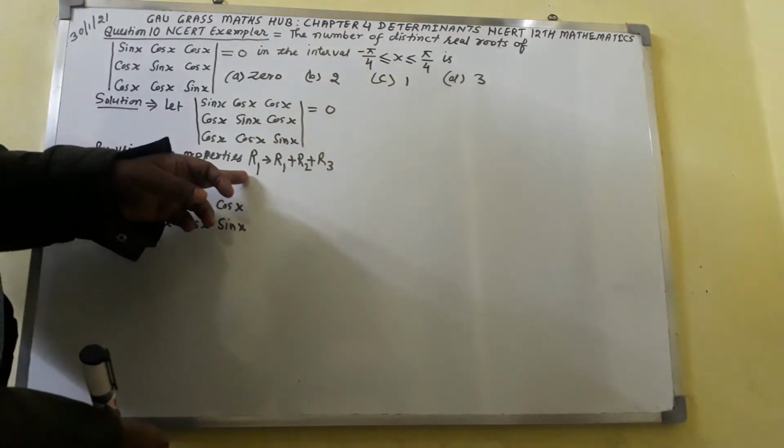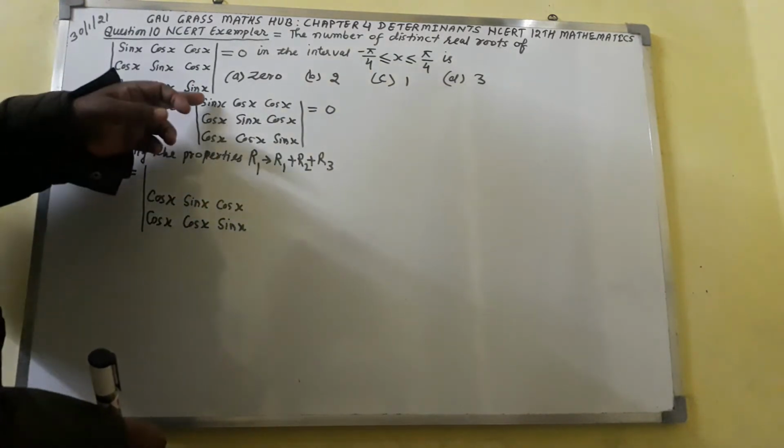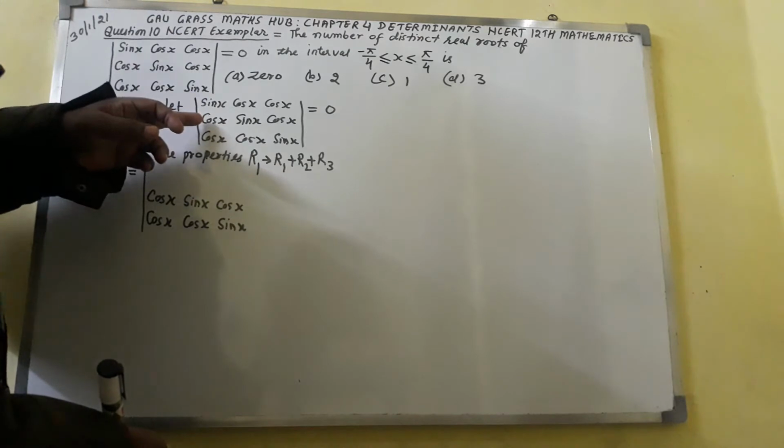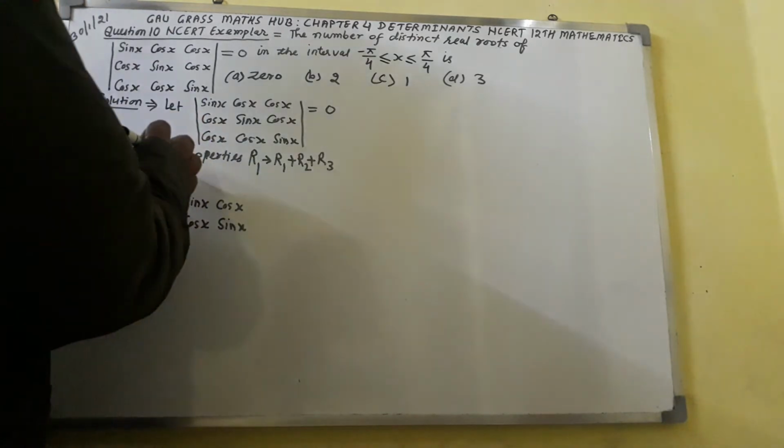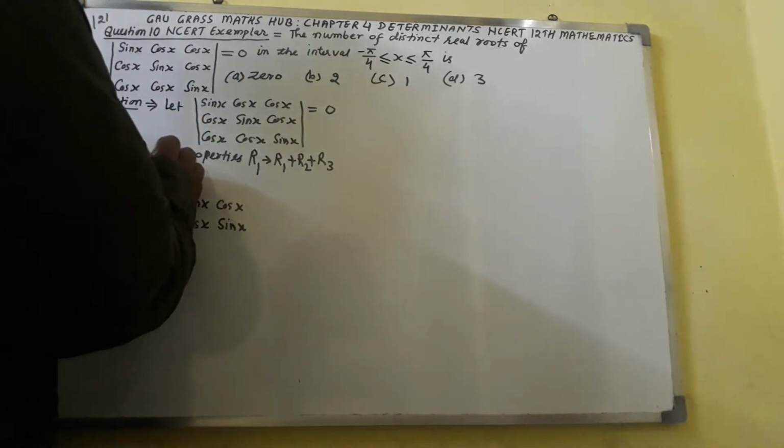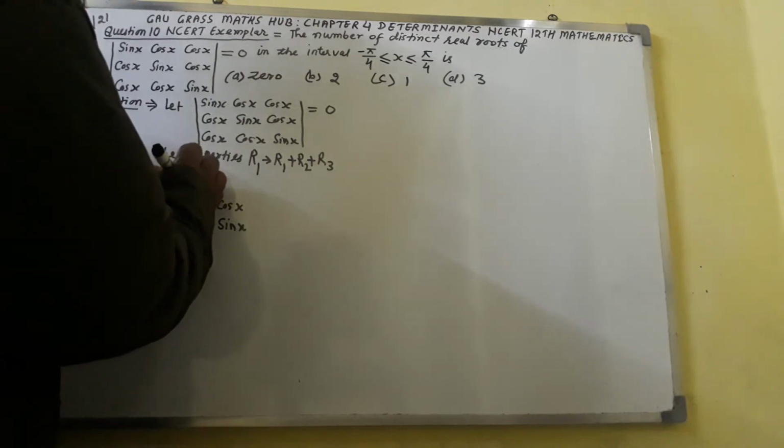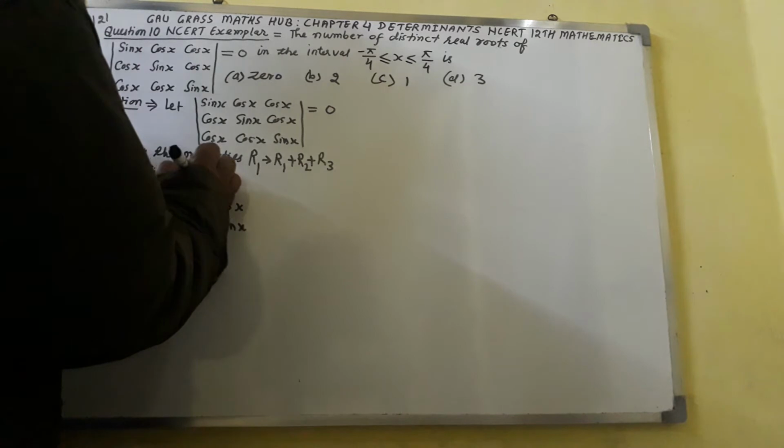And the first row will become sin x plus cos x plus cos x, so you will get sin x plus 2 cos x.